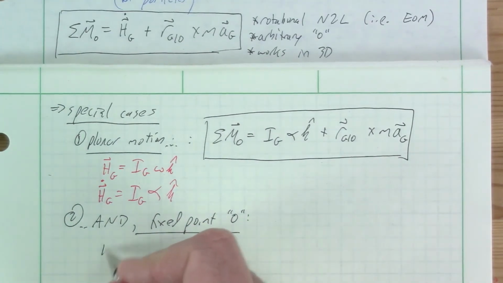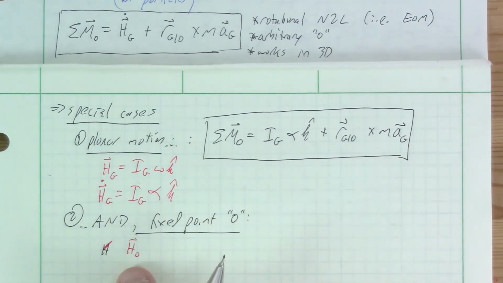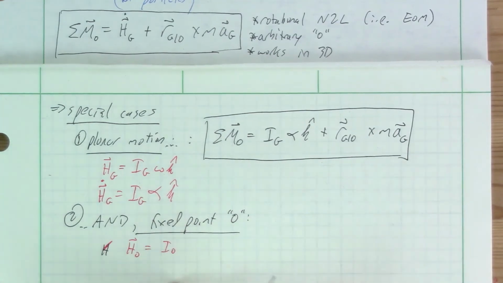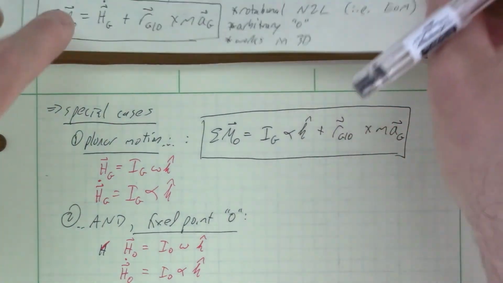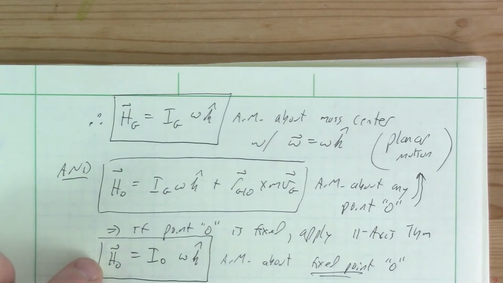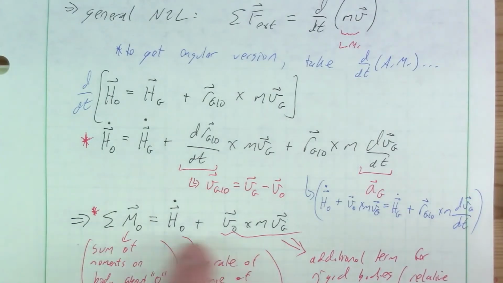Remember our angular momentum about point O, we can write it in terms of the moment of inertia about point O. And what this all stems from is a previous version of this, where we had our h naught up here, and we could actually just start from this relationship.